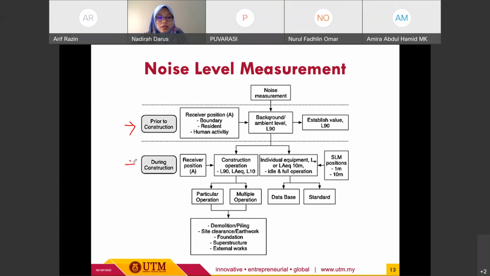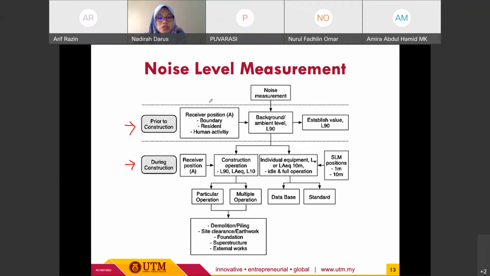And the other, during construction as part of the monitoring purpose. For the first stage, during the planning stage, these are the requirements for the noise measurement.